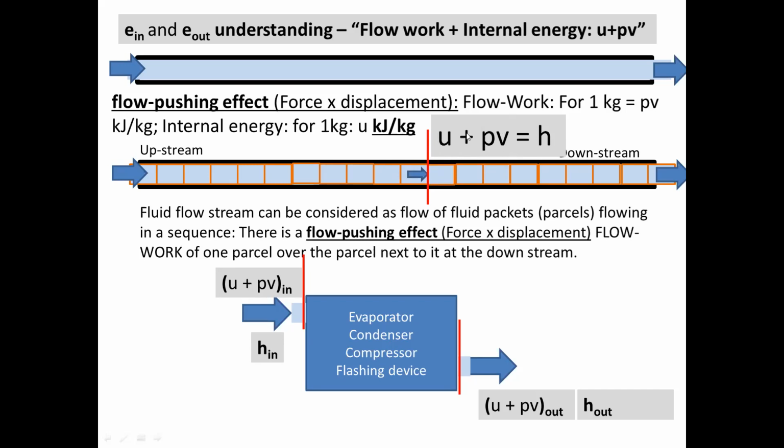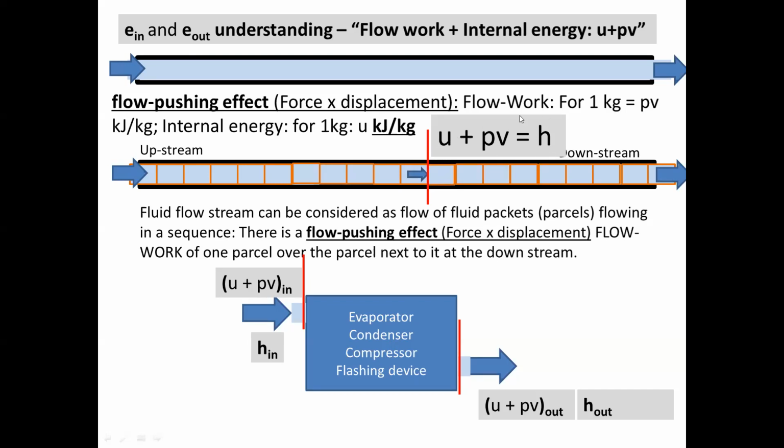Flow work PV, internal energy U. So in this E, or within this E, the internal energy and flow work combining U plus PV. You know the definition of H, enthalpy, we have learned as U plus PV.